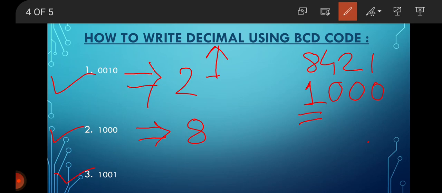Then 1001, therefore 8 is 1 and 1 is 1, therefore add 8 and 1, that means 9 is our decimal number, corresponding to binary 1001.